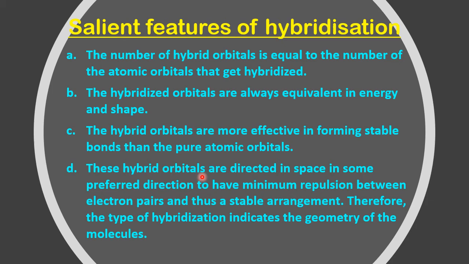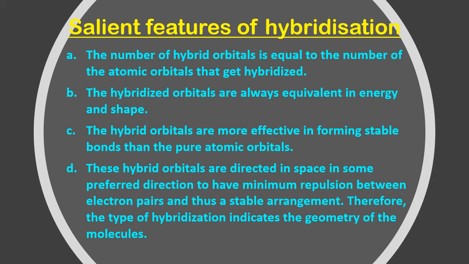These hybrid orbitals are directed in space in some preferred direction to have minimum repulsion between electron pairs and thus a stable arrangement. Therefore, the type of hybridization indicates the geometry of the molecules. So once atomic orbitals undergo hybridization, they orient themselves in space in such a way that, as I have repeated already and am repeating now, the mantra of chemical bonding is kept in mind: the least repulsion so that they go for the maximum stability, because least repulsion gives the least energy.